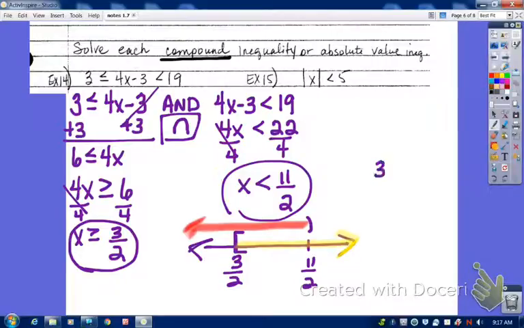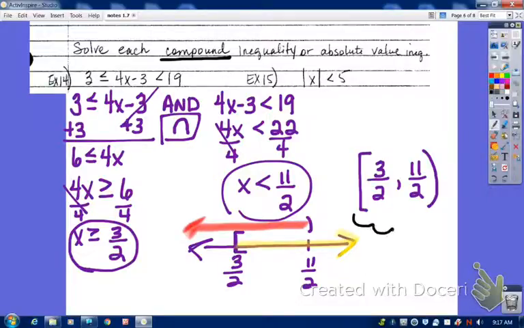Between 3 halves and 11 halves. So my interval goes from 3 halves to 11 halves. Do both graphs have 3 halves? Yes, because of the bracket. Do both graphs have 11 halves? No, remember we're doing an intersection, so we're doing what they both have. So if they both don't have 11 halves, then you have to use a parentheses.